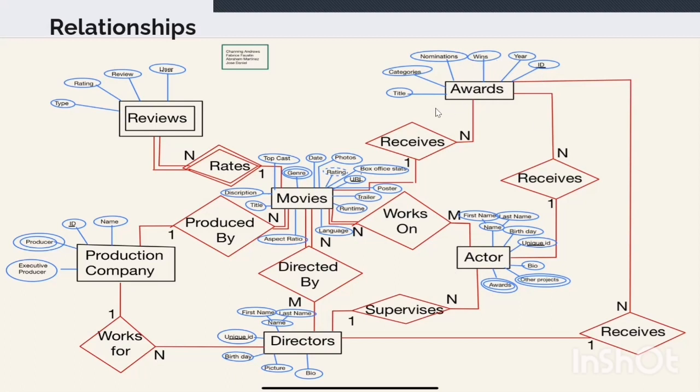We also have our awards entity. Movies might receive n number of awards. And also an award might or might not be received by one movie. So it goes to one movie only.